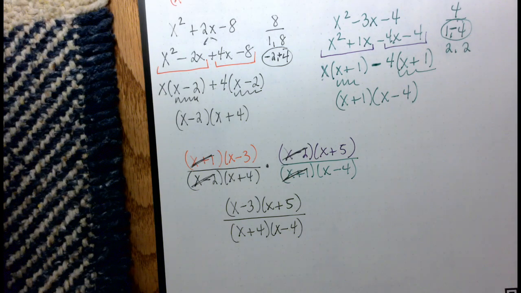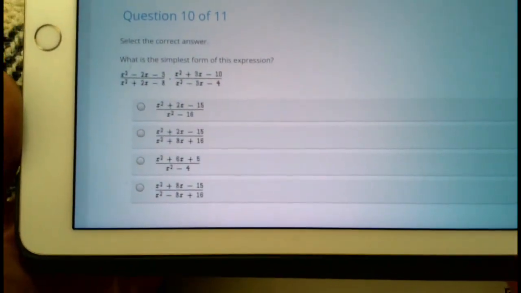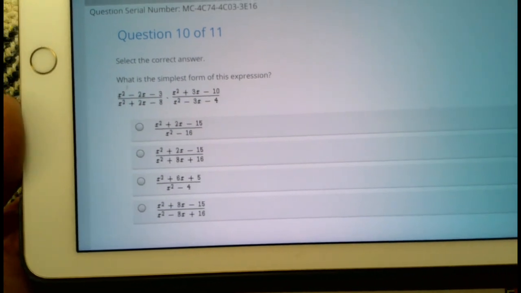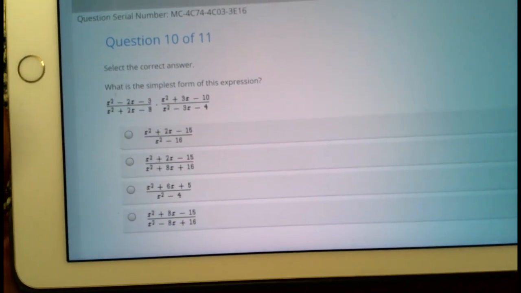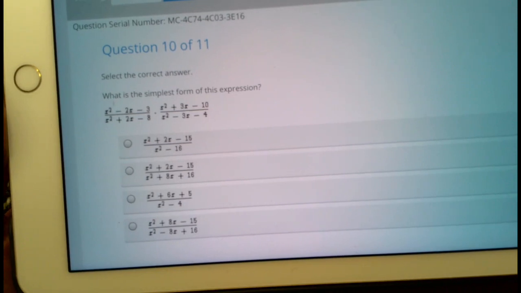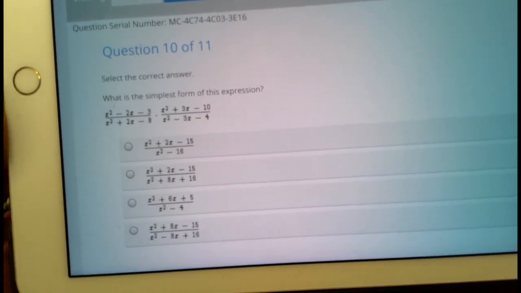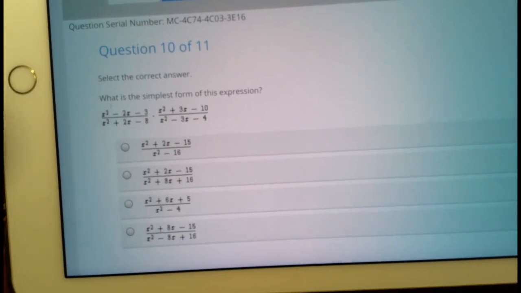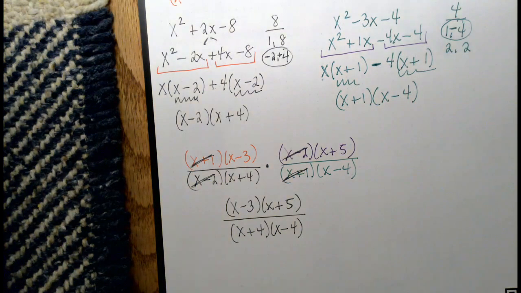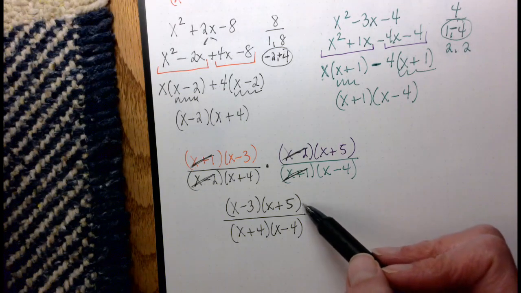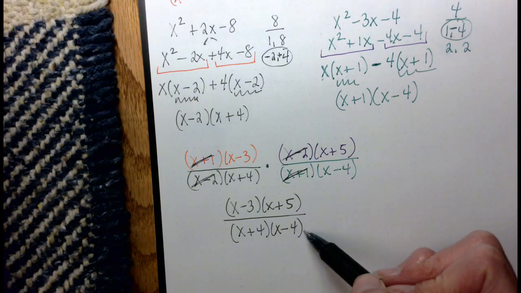So then we pull up Edmentum, as if this problem isn't long enough, and we don't see that answer. But let's see if we can pick out the answer without doing too much extra work. Ultimately, what I think they were expecting us to do is to multiply this out and multiply that out.